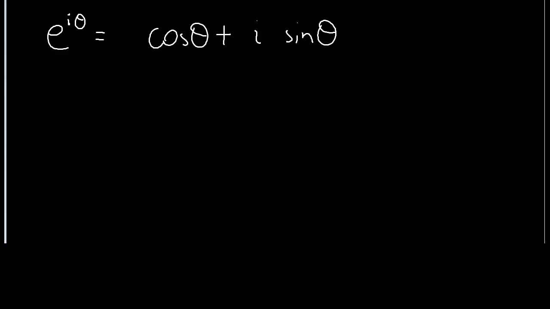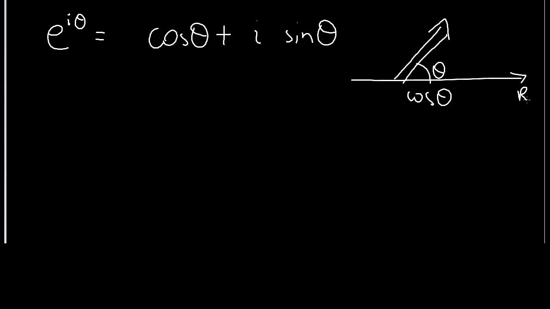This lends itself to interpreting the complex exponential as a more geometrical kind of thing, as a vector that points a certain direction in space with theta, and that projects a real component of cosine theta on the one side and a complex component of sine theta along the vertical axis.